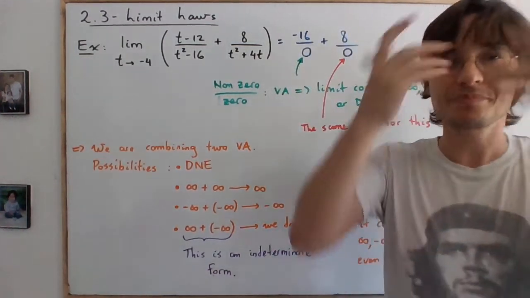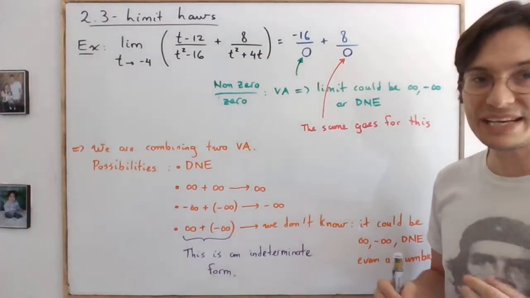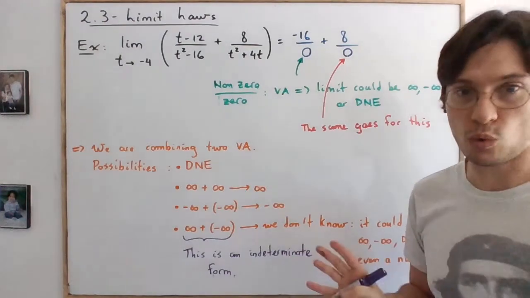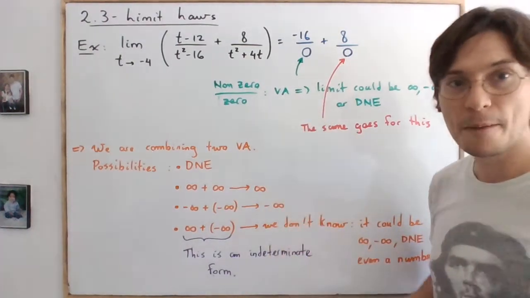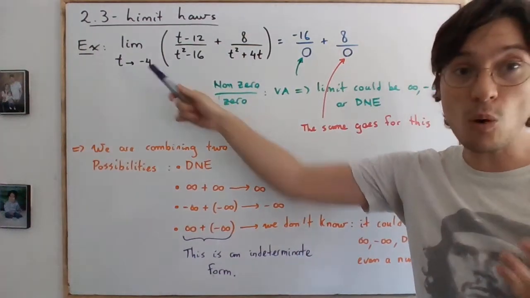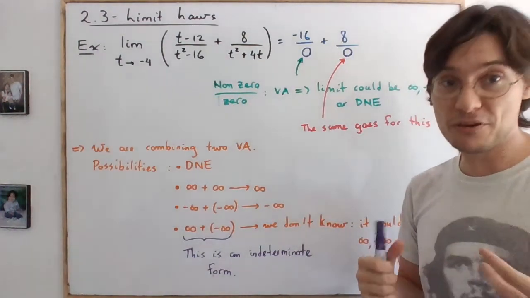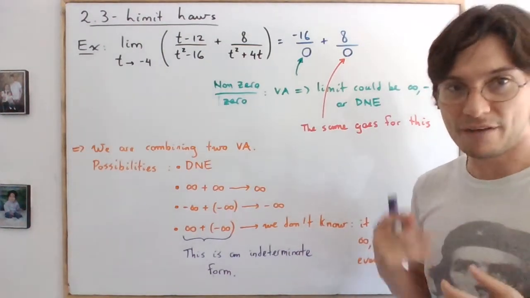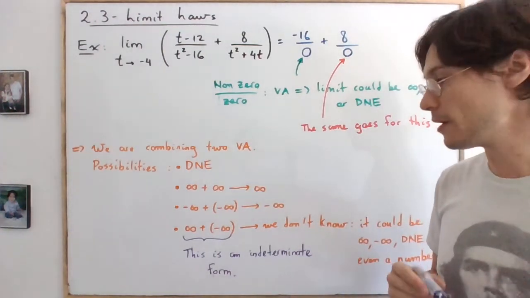Now what I want you to notice is that just writing this, we don't know in which of these scenarios we are. To figure it out, we would need to take the limit from below and the limit from above, first of all to see if we are in the same scenario regardless of the side we're approaching -4.